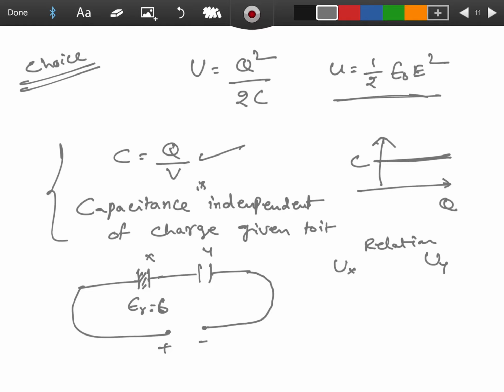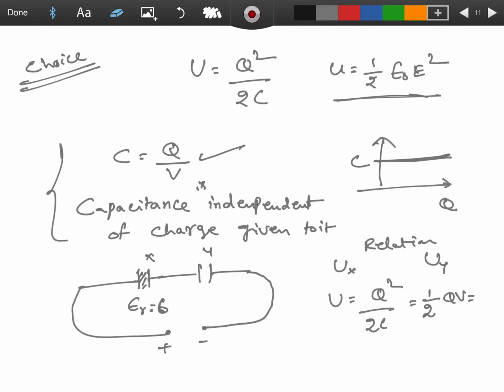See, whenever these kinds of questions are there, better you take the relation U equal to Q square by 2C, or half QV, or half CV square.